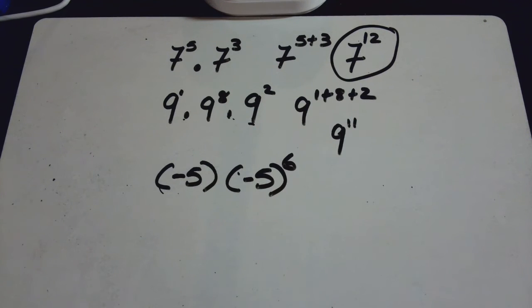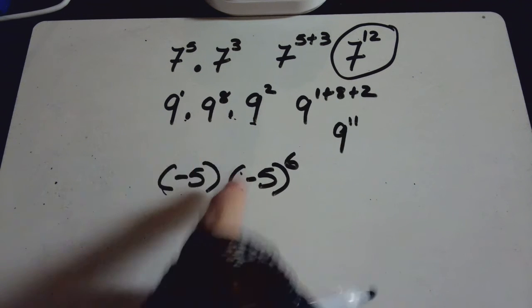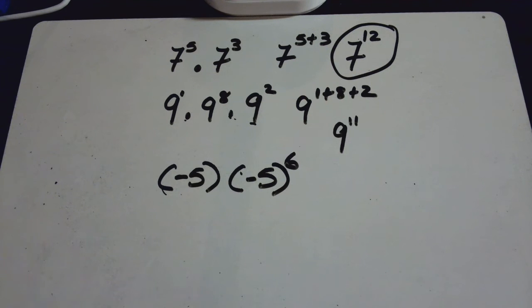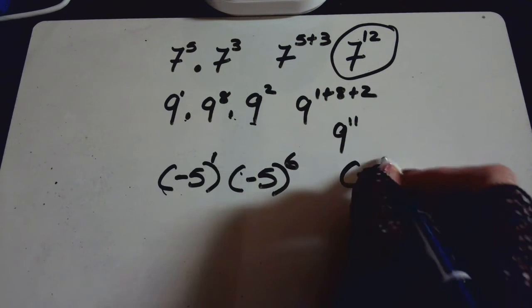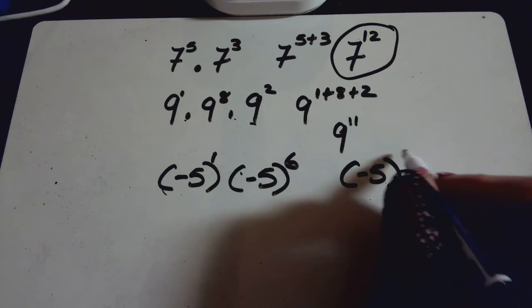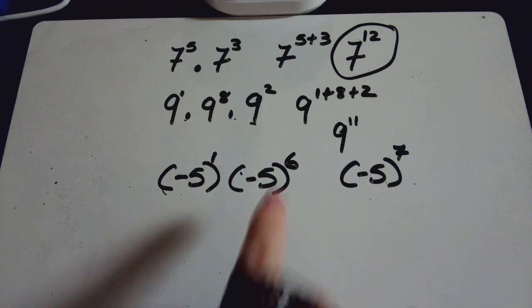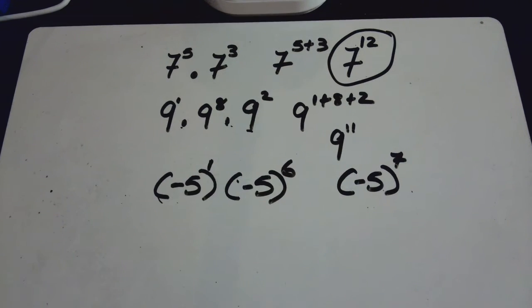So say you saw parentheses, base of -5, times, and sometimes you'll see the multiplication, and sometimes if it's in parentheses, you can tell that that means multiplication. This is to the first power, so if I added them together, I would have the base of -5 to the 7th. You always put parentheses around it if it has more than one thing. Here, when it's just a 9 or a 7, you don't need parentheses.